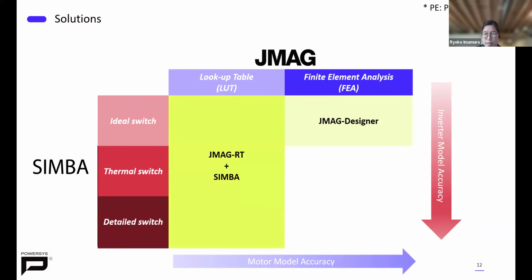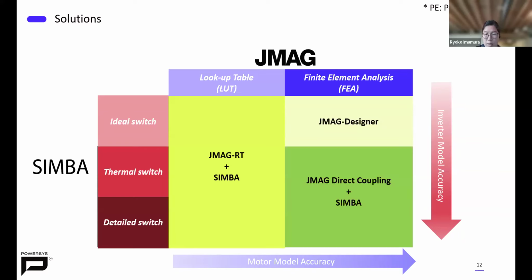On the top right, we see where JMAG-Designer performs full finite element simulations of the motor using ideal switches. It can be run standalone for high-accuracy motor analysis using real geometries and magnetic materials. However, the switch is limited because it is an ideal switch.